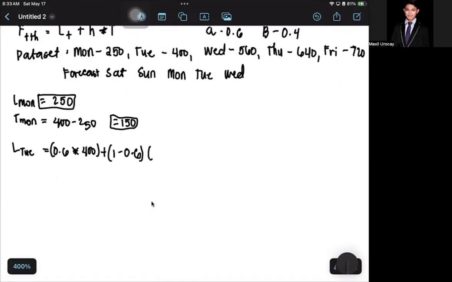Your level for the previous will be 250. Then your trend right now is 150.